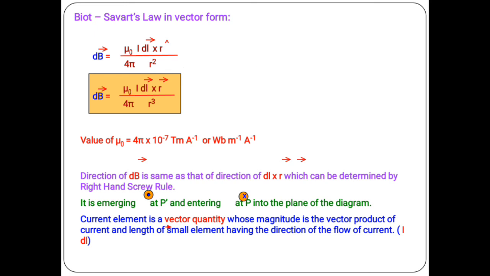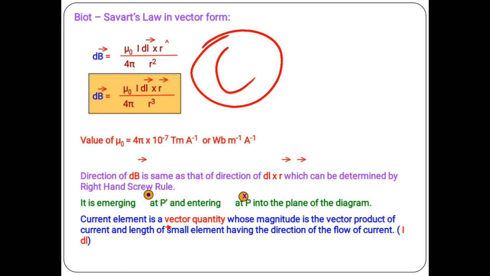Here mu naught equal to 4 pi into 10 to the power minus 7 Tesla meter per ampere, or Weber per meter per ampere, because Tesla equals Weber per meter squared. So substitute Weber per meter squared instead of T, and we obtain this formula. Tesla is the SI unit of the magnetic field, like coulomb is the SI unit of charge.